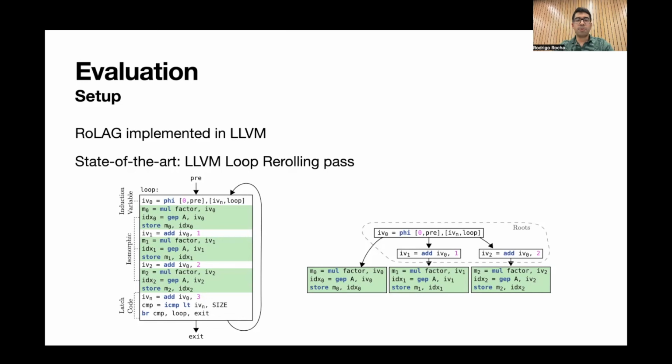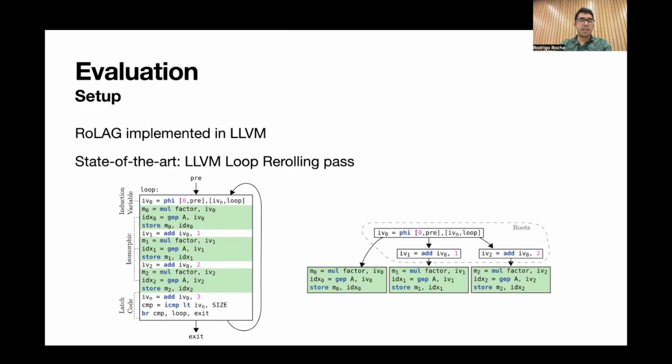We explained the loop re-rolling technique from LLVM in our paper in the background section, but in summary, it only works on loops that already exist and have been partially unrolled, and it works in a top-down manner, starting from the loop iterator, and then it finds the increments of the loop iterator, and then identifies the exact pieces of code that represent each one of the unrolled iterations. And all these pieces of code must be the same.